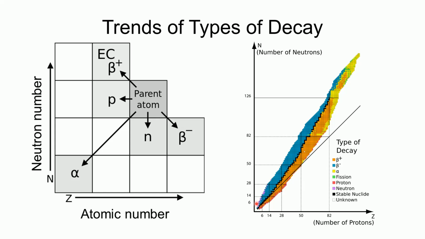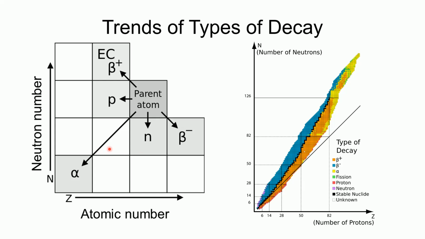The ones that are purple along here, there's not very many of them, and they undergo neutron decay. And as I mentioned, all of the black ones are stable isotopes. And anything that is white is an unknown isotope. They either haven't found it, haven't studied it, whatever.